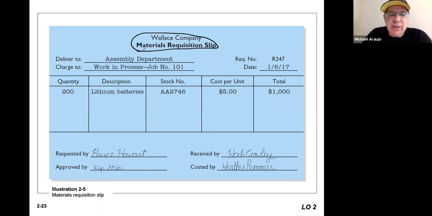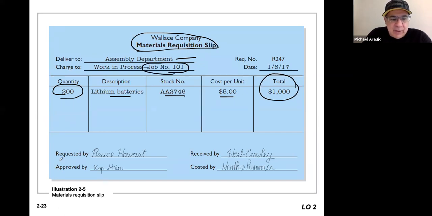Okay, so in this case, Wallace Company is sending 200 lithium batteries, that's their inventory number, at $5 a battery or $1,000 total to the assembly department for job number 101.